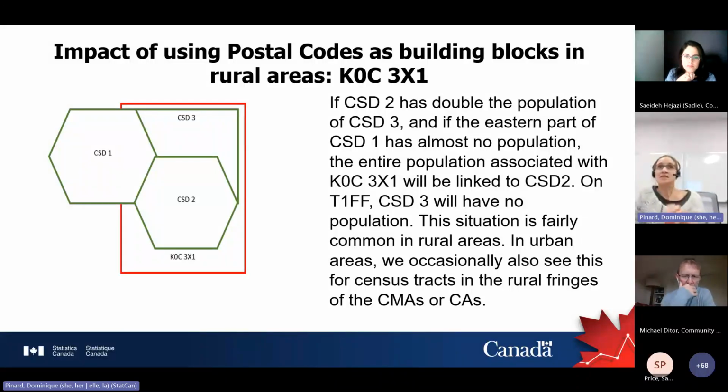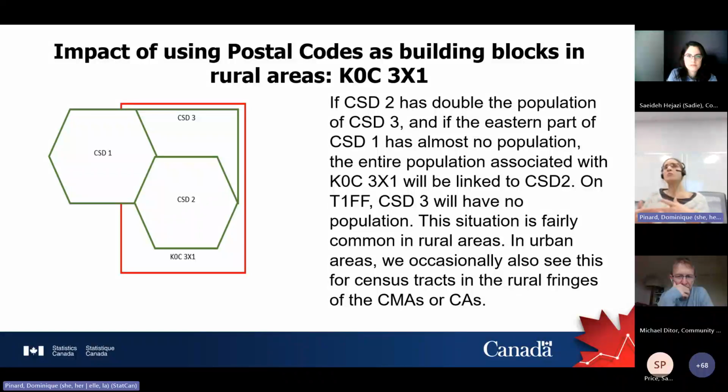Because CSD3 has a smaller population than CSD2, this postal code will be assigned to CSD2. There will be no population in CSD3, and the population that has K0C 3X1 and is physically located in CSD1 will also be included in CSD2.